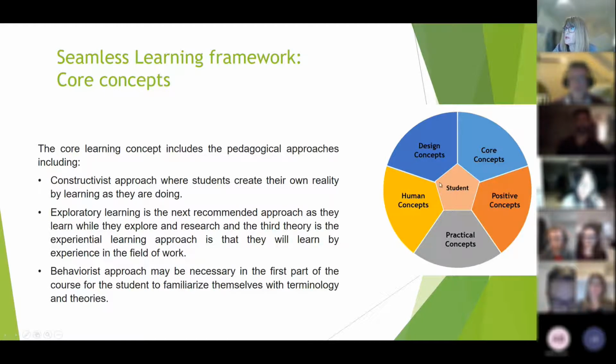And here you can see we call it the SLED model, and it consists of 5 concepts: the core concepts, positive, practical, human, and design concepts. I know this is quite a lot, but I will explain one by one. So the core concepts include the pedagogical approaches.